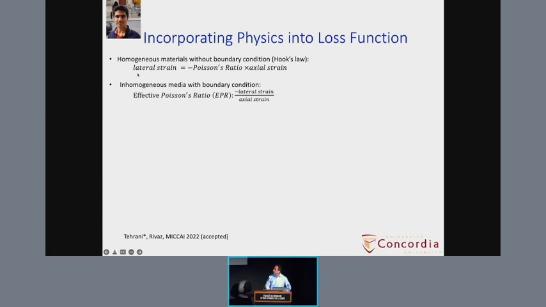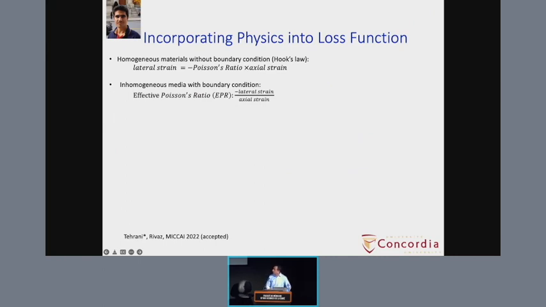In elastography, it's well known that estimation of lateral strain is extremely difficult for several reasons. So we use this law that lateral strain is equal to minus Poisson's ratio times axial strain. But this law is only correct for homogeneous material without any boundary conditions, which is almost never satisfied.